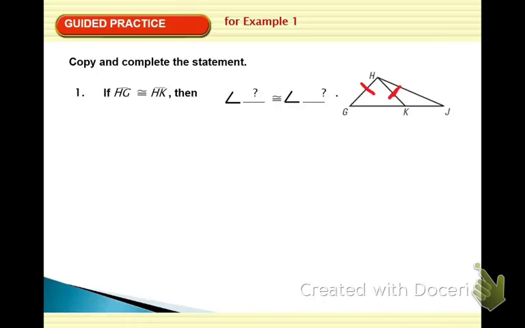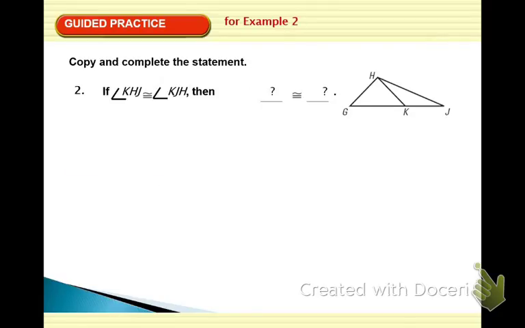So angle G would be congruent to angle K. We should use three letters because angle K has two possible angles there. So the correct thing would be to say angle HGK, or you could just call it angle G, but the other one you would have to call angle HKG.